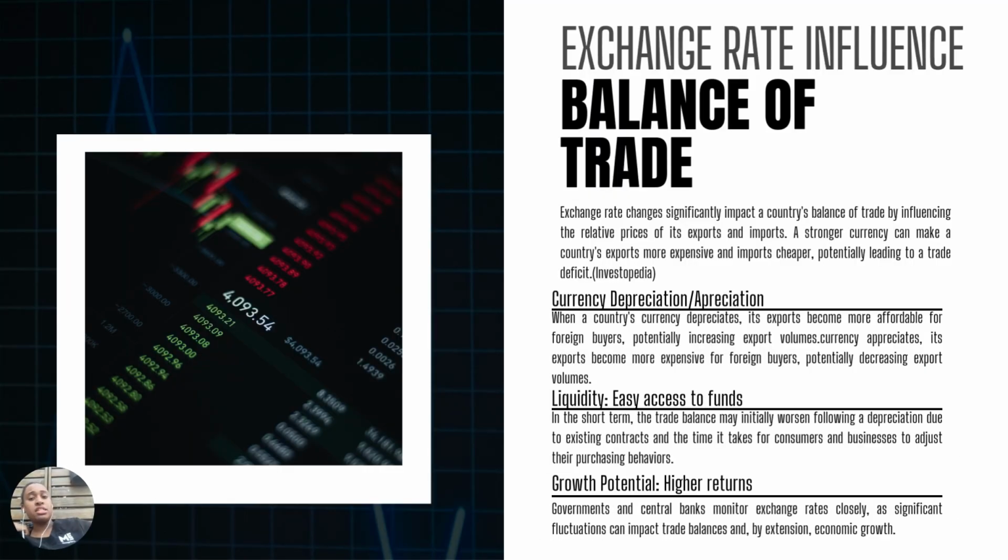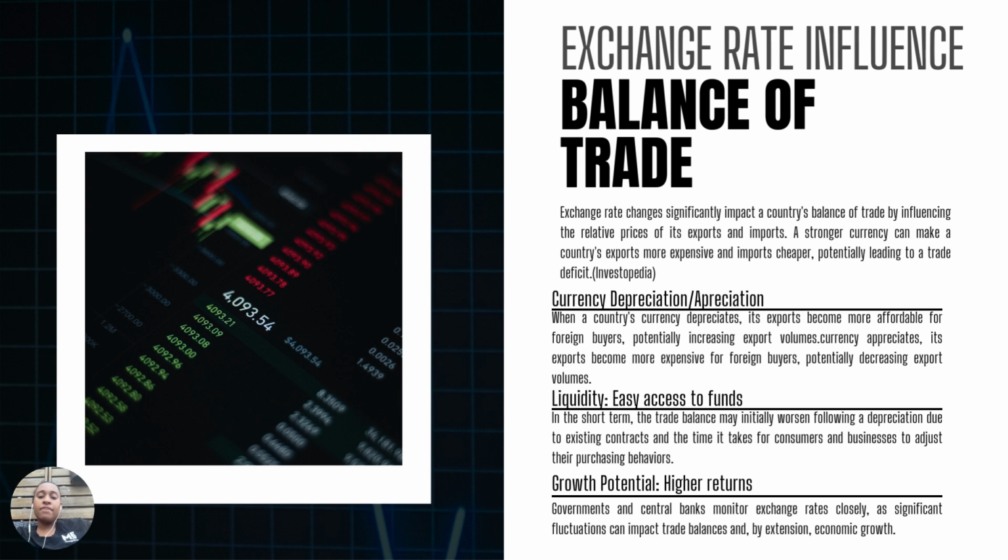Let's talk about the balance of trade. So with this, fluctuations significantly influence a country's trade, the difference between the value of its exports and imports. So you've got currency depreciation, and when a country's currency depreciates, its exports become more affordable.